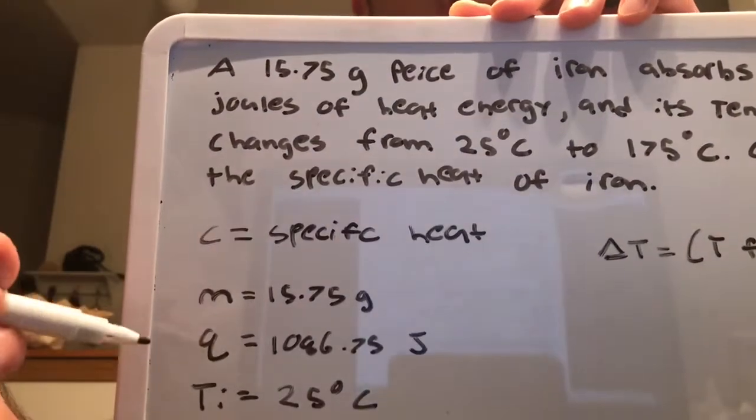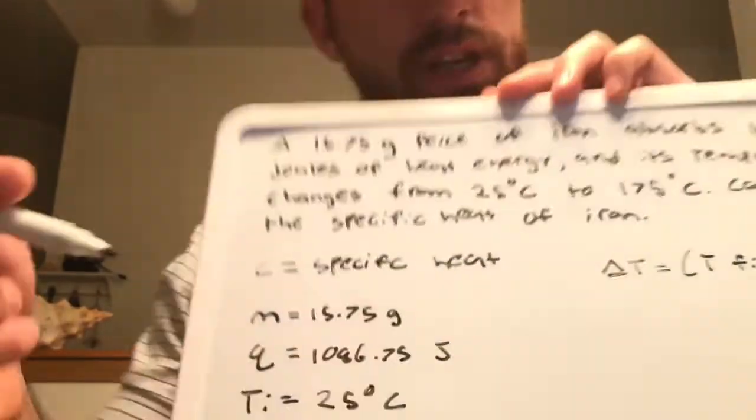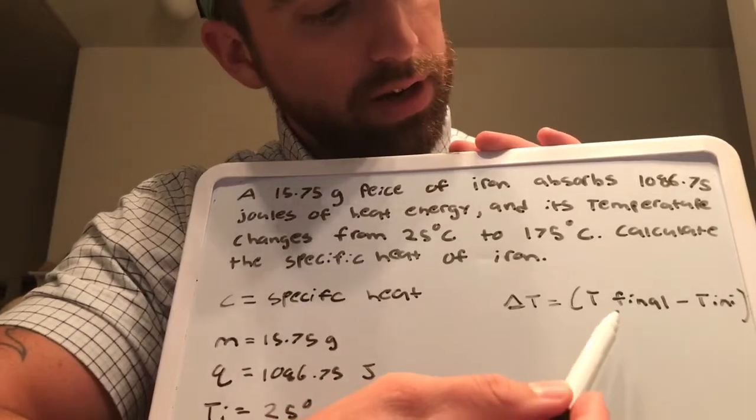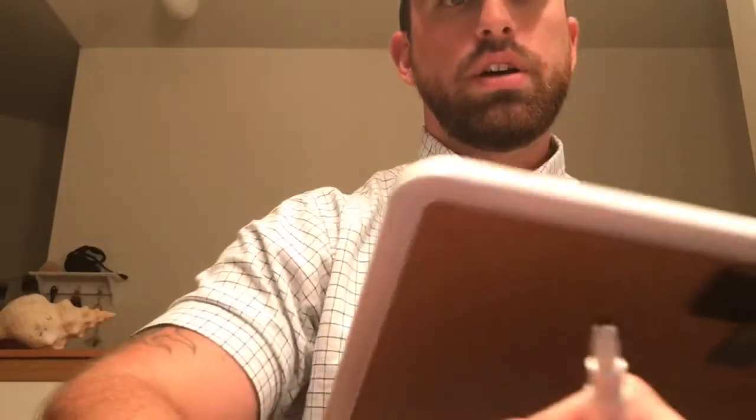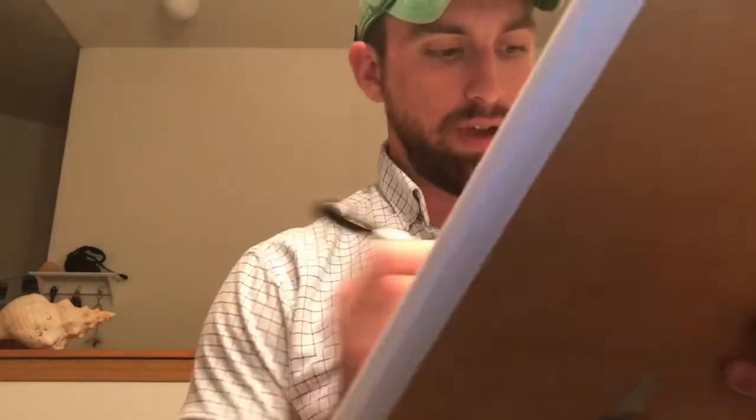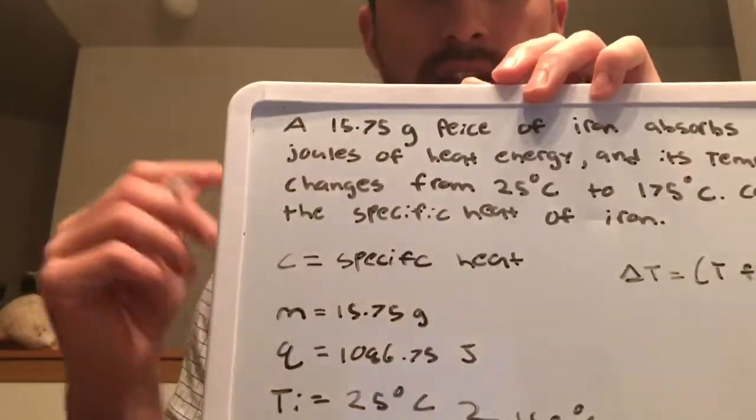Now what we have to do is put those together, because just like we wrote over here, it's T final minus T initial. So we're going to subtract those two values, and that's going to give us an overall temperature change of 150 degrees Celsius, okay?